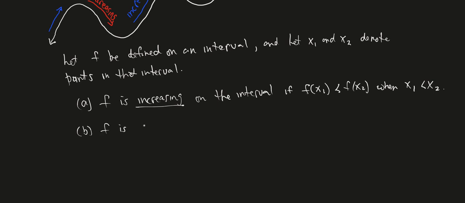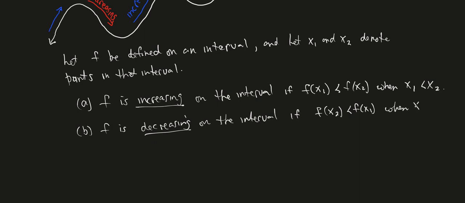So f is decreasing, right, on the interval, if I flip this, either I flip the inequality sign or I flip the f values. I could say it like this: f of x2 is now less than f of x1 when x1 is less than x2.